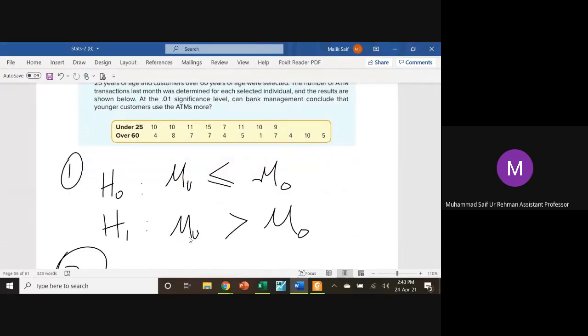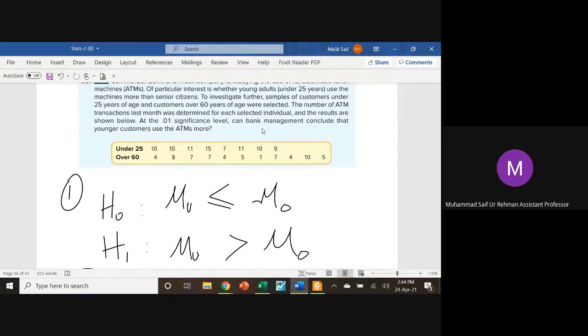Acceptance of the alternate hypothesis means that on average, the bank management can conclude that younger customers use ATMs more. So you will write down this statement.